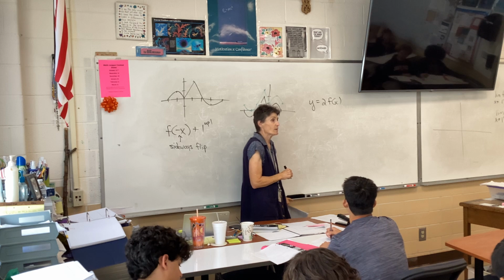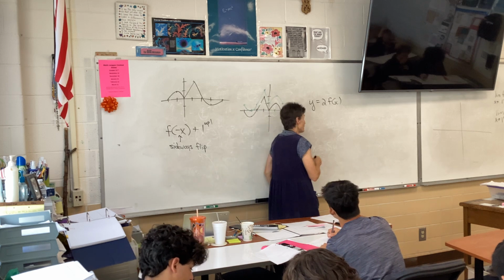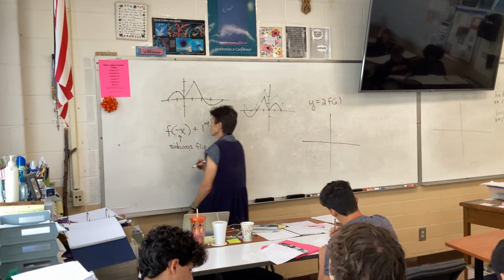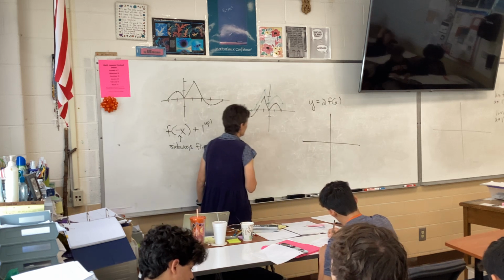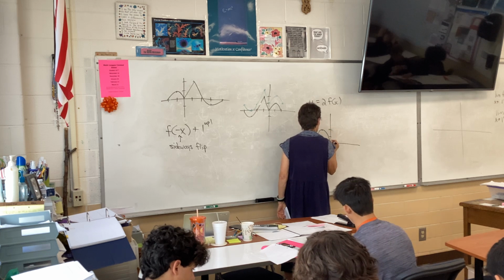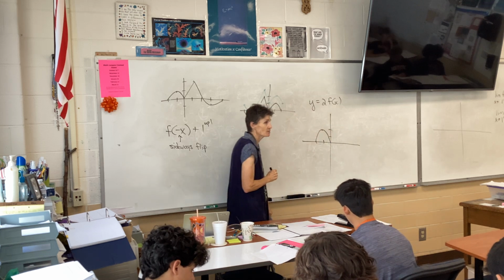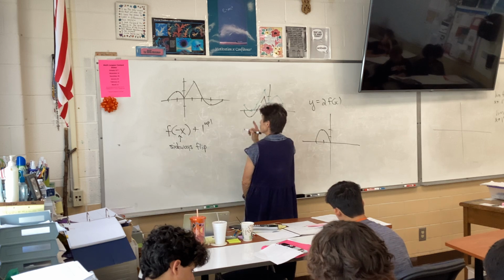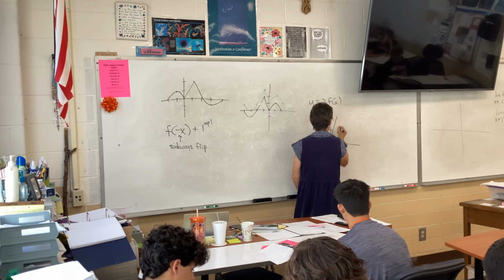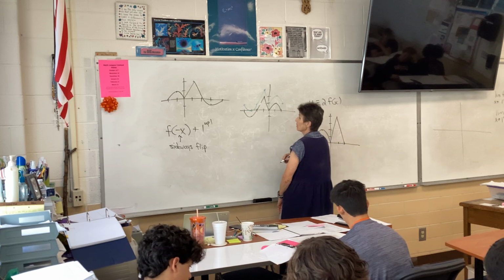So we go back to the original picture, and instead of this little circle being up 1, he's now going to be up 2. His height gets multiplied by 2. And the triangle, instead of being up 2, is now going to be up 4.